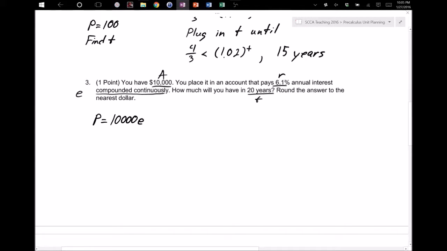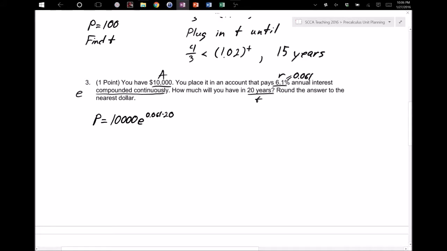Remember, R equals 0.061 to convert from percent. So e to the 0.061 times 20. And we plug it into a calculator. 0.061 times 20.